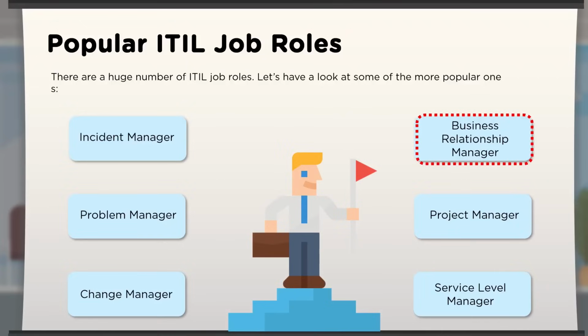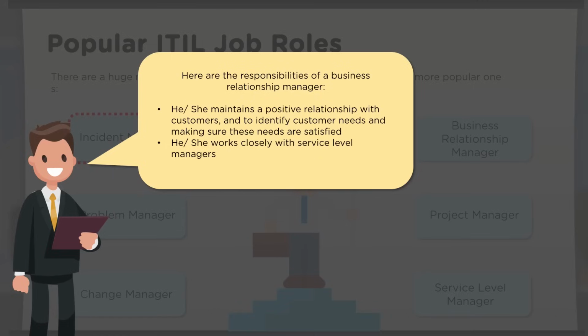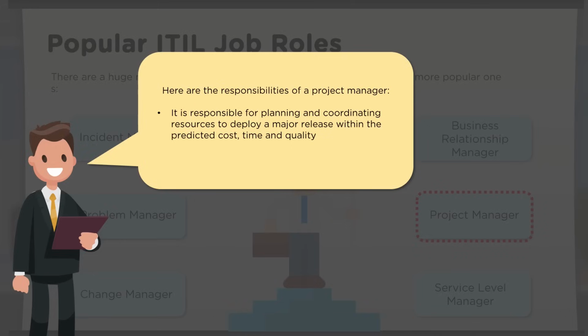Business relationship manager: the responsibility of a business relationship manager is to maintain a positive relationship with customers, identify customer needs and make sure these needs are satisfied. A business relationship manager works closely with service level managers. Project manager: the responsibilities of a project manager include planning and coordinating resources to deploy a major release within the predicted cost, time and quality.